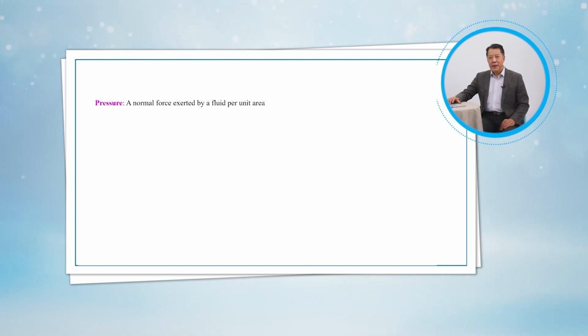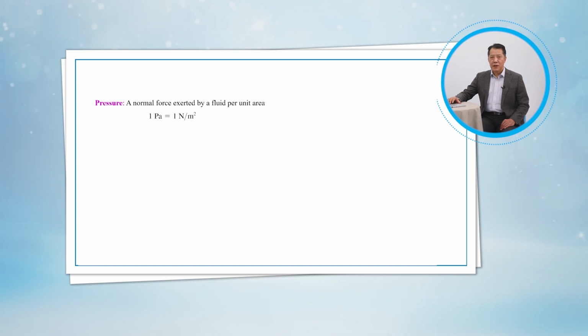Normally, we speak of pressure when we deal with a gas or a liquid. The counterpart of pressure in solids is normal stress. Note, however, that pressure is a scalar quantity while stress is a tensor.